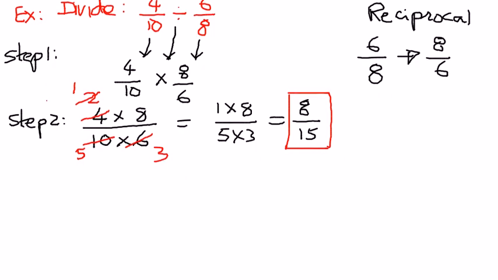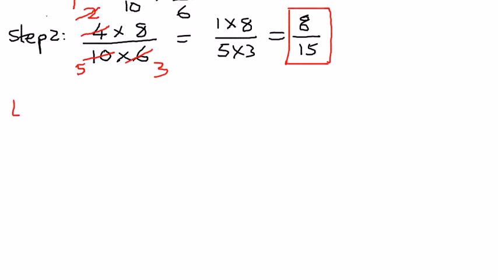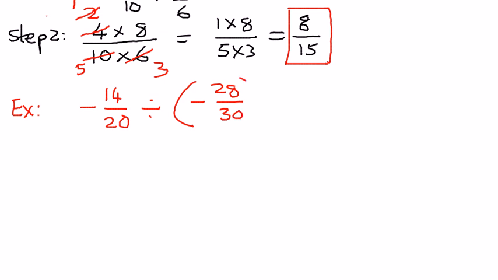Let's look at another example. Okay, let's get some more practice on this. We want to simplify a fraction like this: negative 14 over 20 divided by another fraction, negative 28 over 30. So as a first step, we're going to write the first fraction as is, negative 14 over 20.